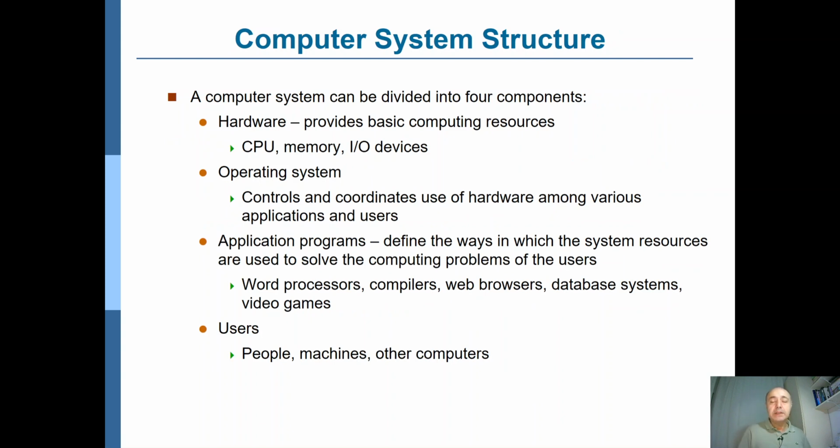So, if you look at an operating system or a computer system in general, you can divide it into four components. The hardware, which is the tangible parts like your monitor, keyboard, mouse, or the CPU, the memory chips. These are the tangible parts of a computer system. The operating system itself, which is the topic of this course.